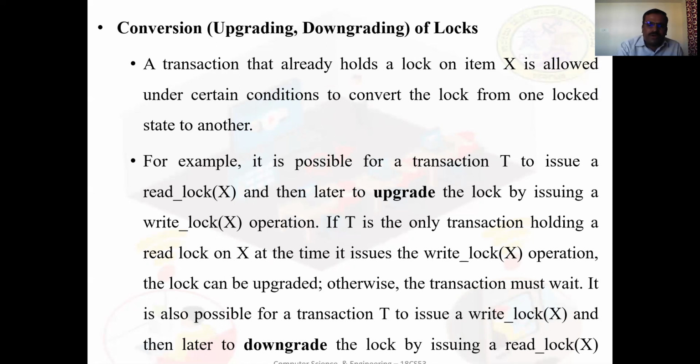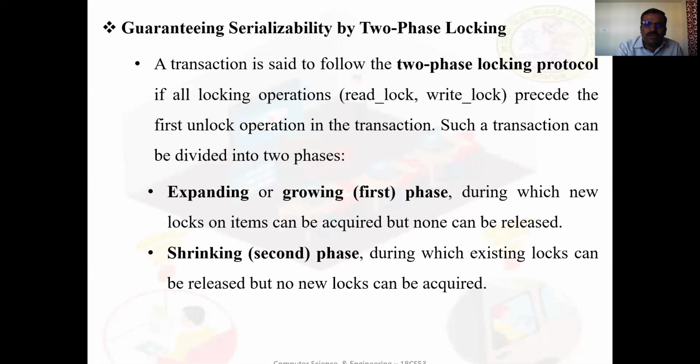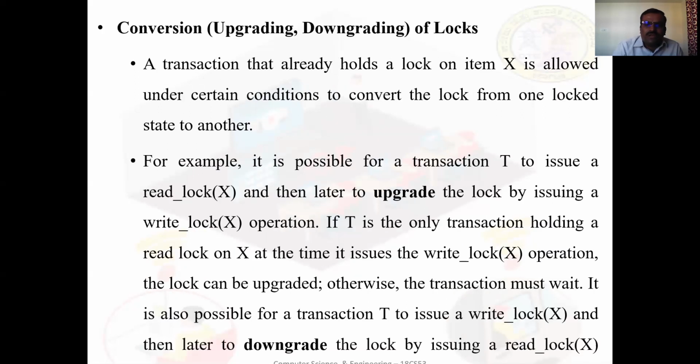The lock can be upgraded. Otherwise, the lock must wait. It is also possible for a transaction T to issue a write_lock of item X and then later downgrade the lock by issuing a read_lock(X) operation.